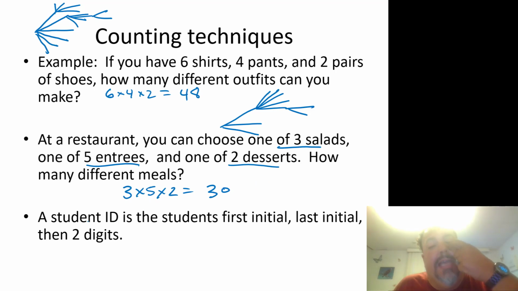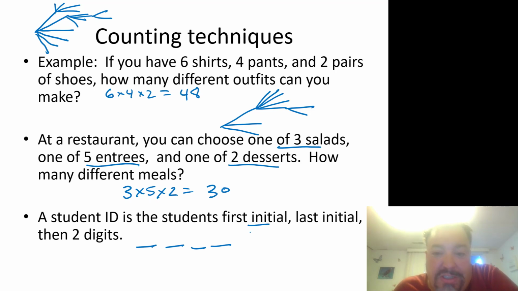The last example, a student ID is the student's first initial, last initial, and then 2 digits. So this one's a little bit trickier. So we got a first initial, we got a last initial, we got 2 digits here. And think about all the possible combinations that we could have. So how many different ways can we choose a first initial?